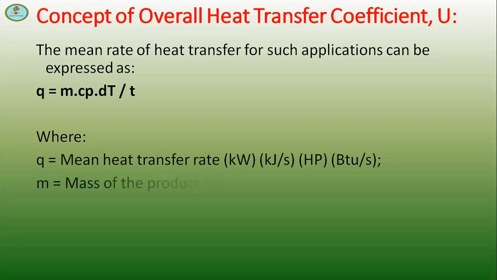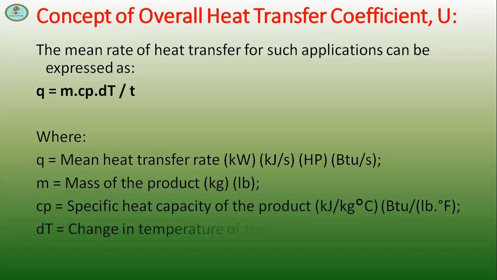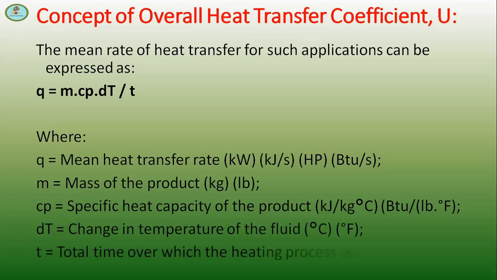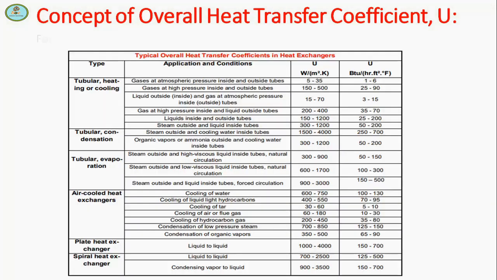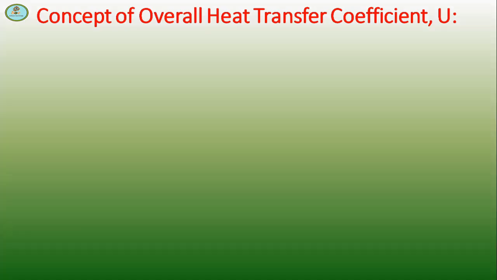M is mass of the product. Cp is specific heat capacity of the product. dT is change in temperature of the fluid, and T is total time over which the heating process occurs. Following is a table with value of different applications and heat exchanger types given for your reference.